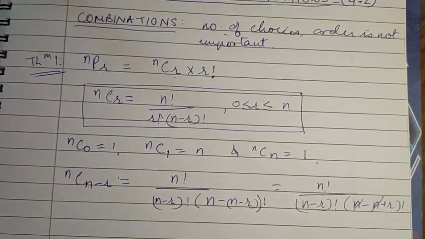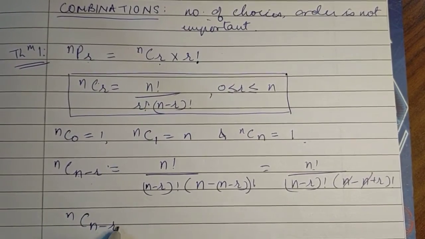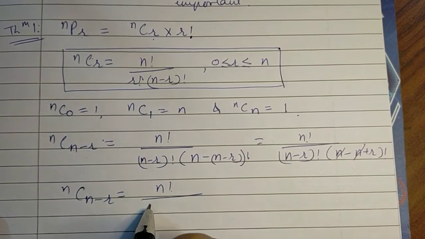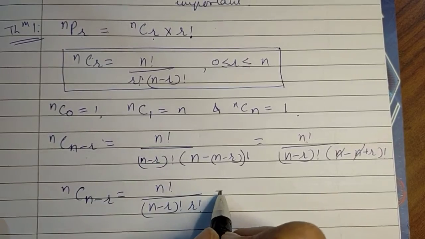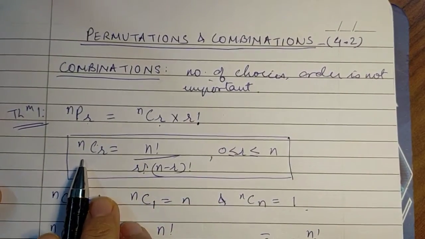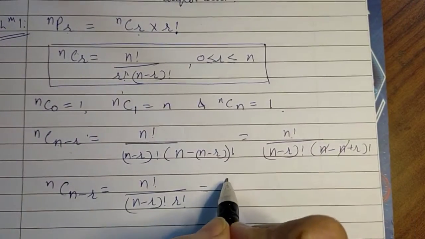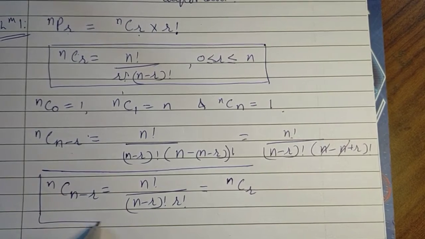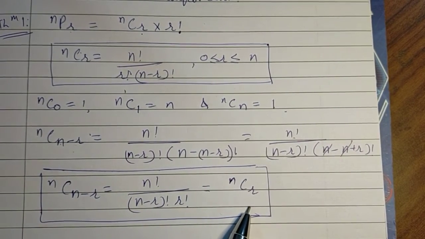This n and this n get cancelled, and hence we get nC(n minus r) equal to n factorial over n minus r factorial into r factorial, which from above we can see is the same as nCr. Hence we get an extremely important result, that is nC(n minus r) is equal to nCr.